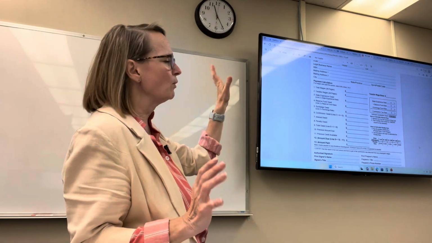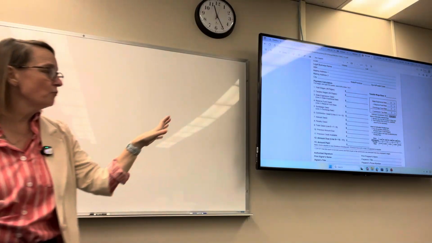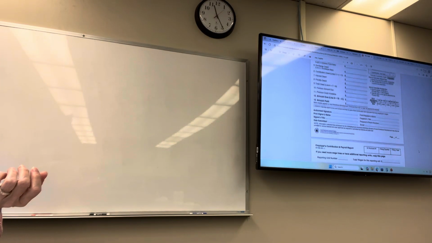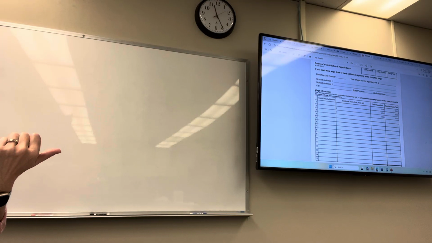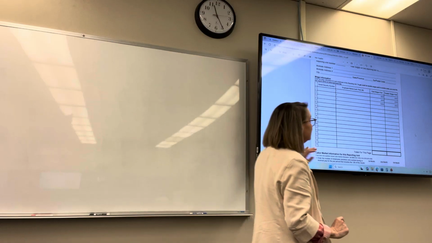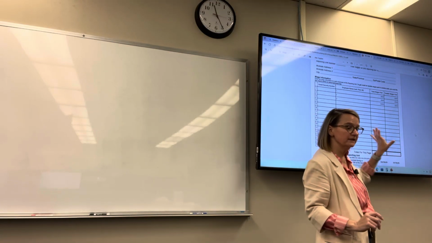It may or may not, but this form is pretty standard. Usually what you do when you're filling this out is you start with page 2. On page 2, you can see there are spaces for individual employee information.